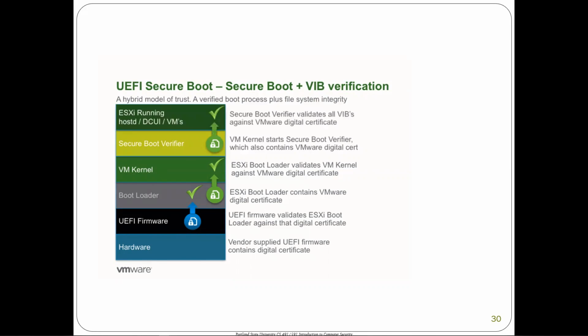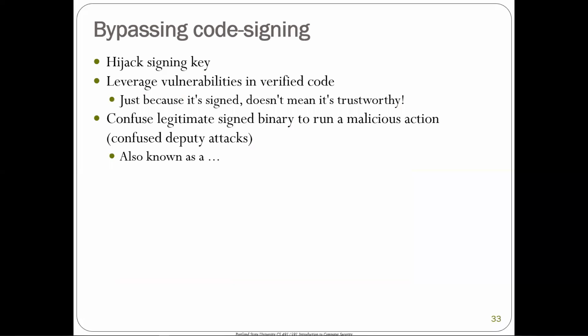Okay, so I'm covering this because there are attacks. Because we've deployed this pretty prevalently, adversaries now need to find a different way to get their malicious code to run, right? Because there's no way they're going to get that thing signed otherwise. And so there are attacks on code signing approaches, and one of the ways to attack it is to compromise the signing key. So if you have access to a trusted signing key in any part of that secure boot chain, you can inject yourself into it.